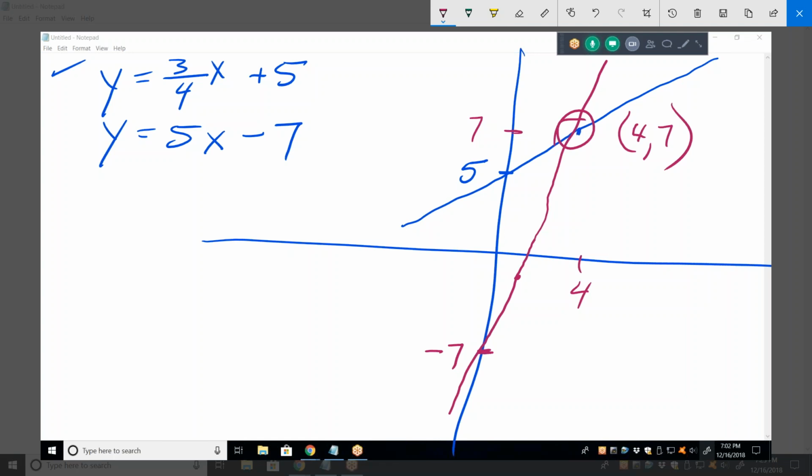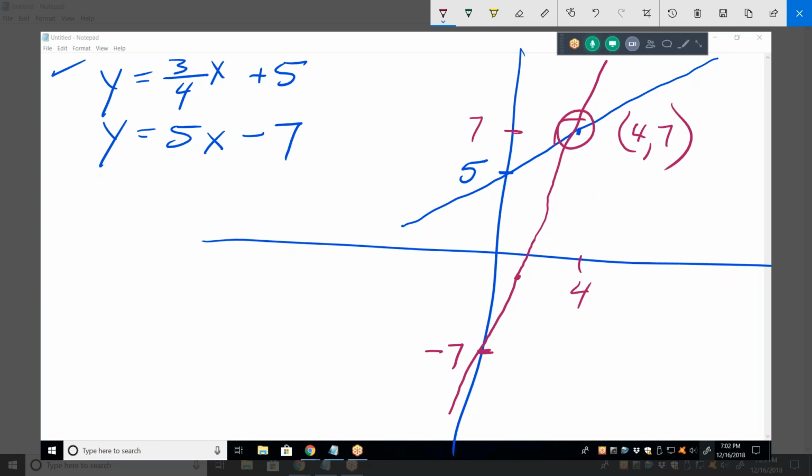If I'm going to solve these algebraically, how would I do it? Can you use substitution or elimination? Elimination, no, it's not in standard format. Notice that both equations are solved for y.